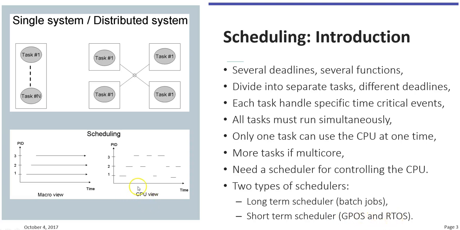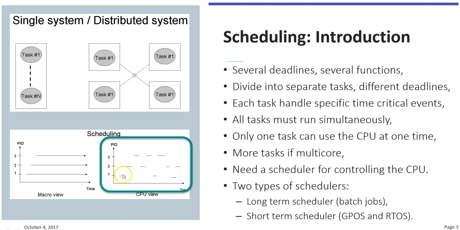If you look at this solution, here it's what we call a macro view. For example, if the time resolution is 1 hour, it seems that all of the tasks are running at the same time. But the other way is to look at it in a CPU view. And here, for example, the time resolution can be 100 milliseconds. And then you will see that it's actually divided into small time steps.